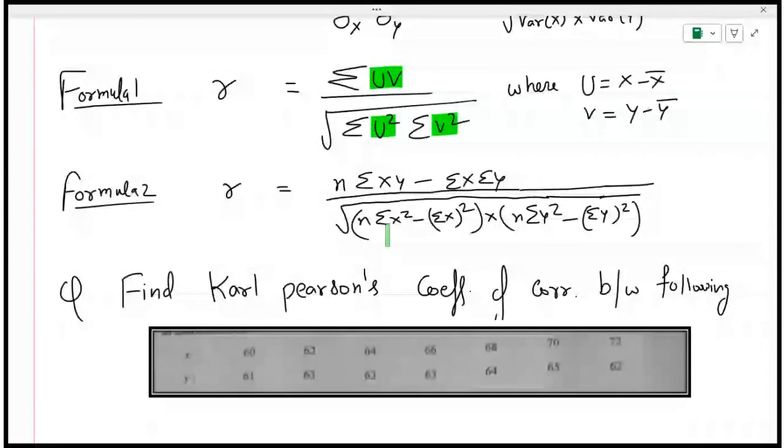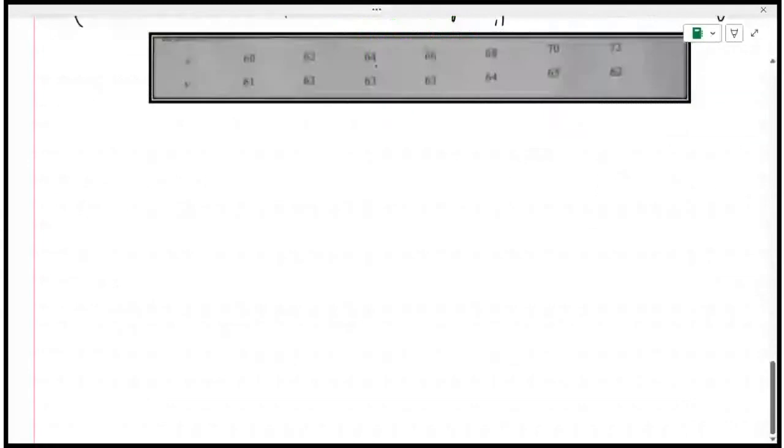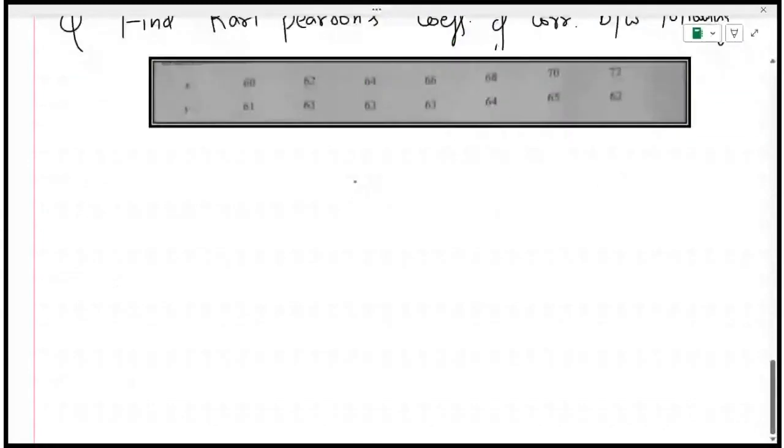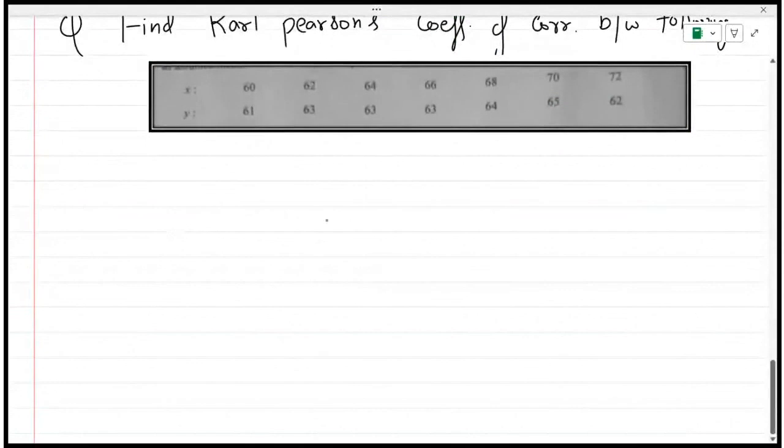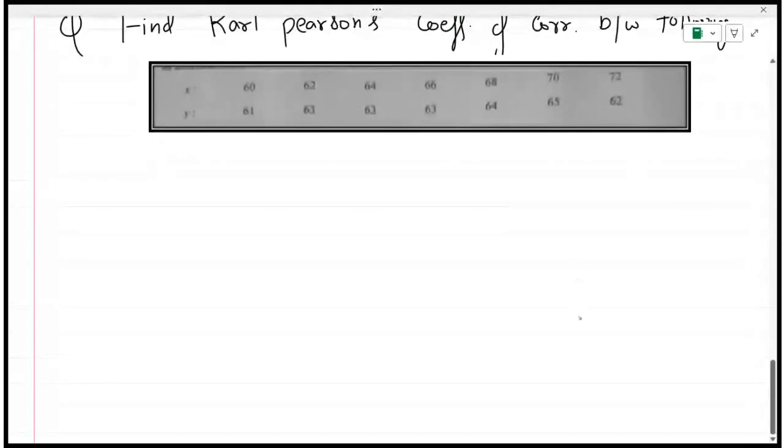So first, what we will do. I am doing this problem here. For applying formula 1, what is the requirement?